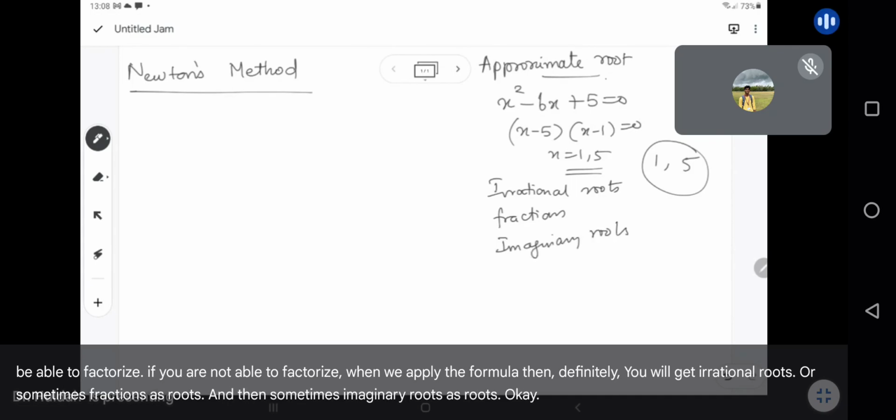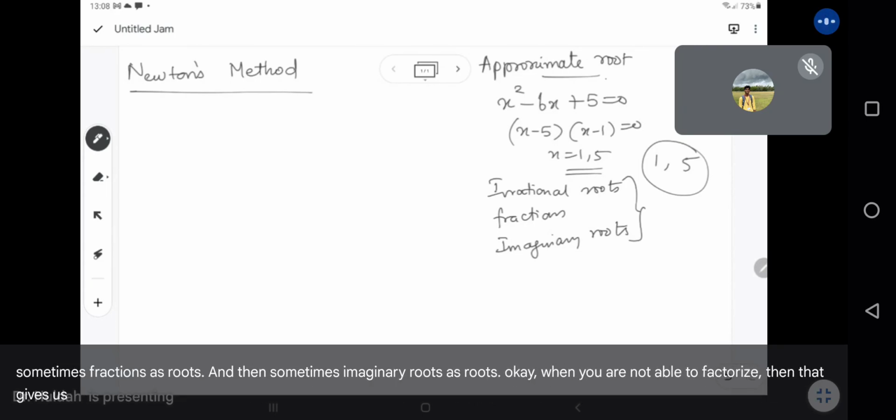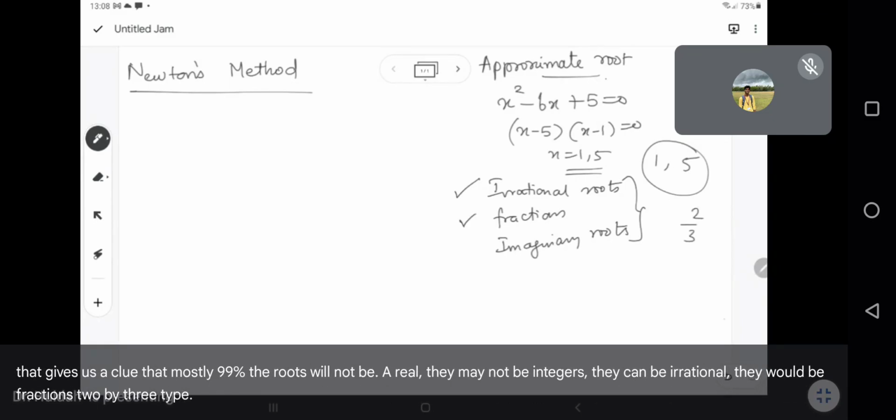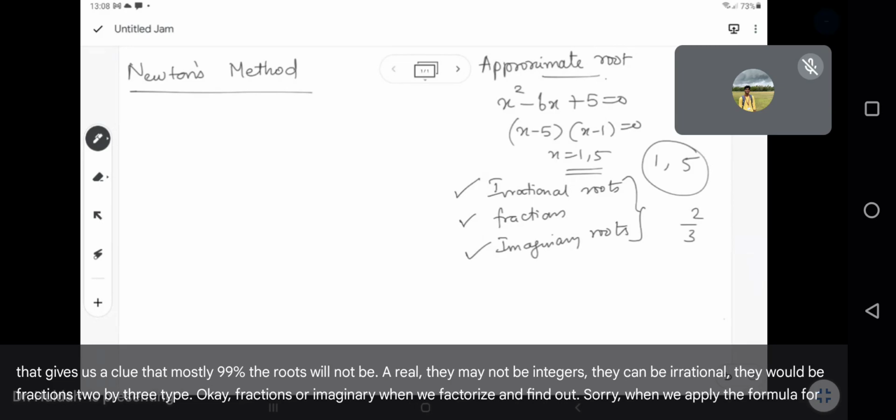When you are not able to factorize, that gives us a clue that mostly 99% the roots will not be real. They may not be integers. They can be irrational. They would be fractions, 2 by 3 type, or imaginary, when we apply the formula for quadratic equation.